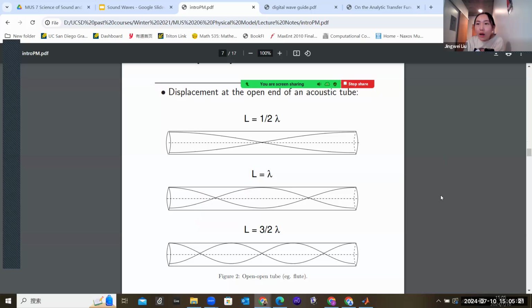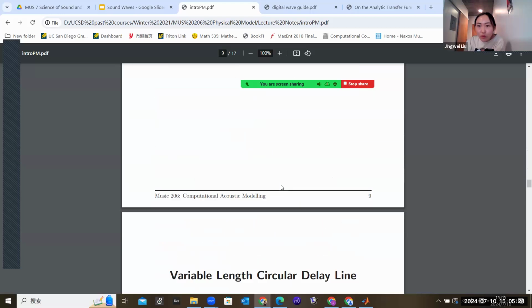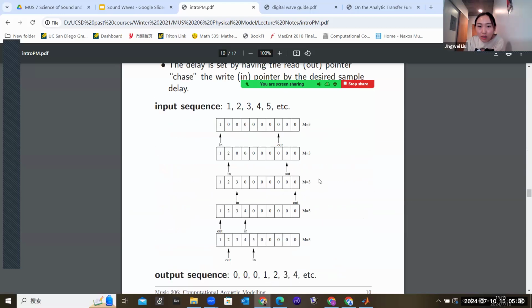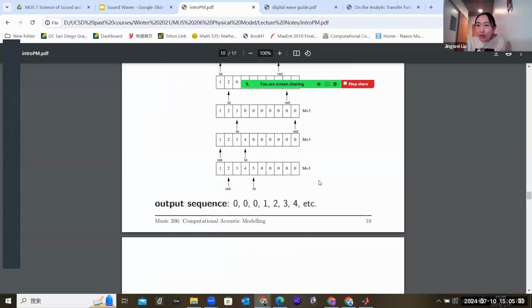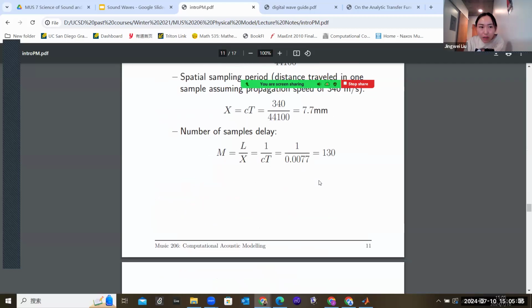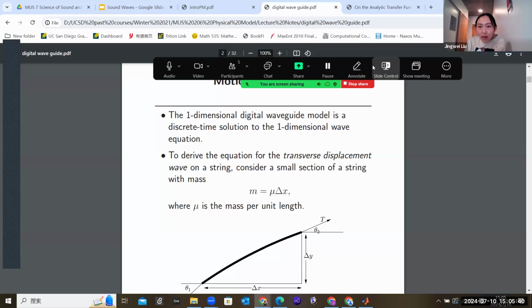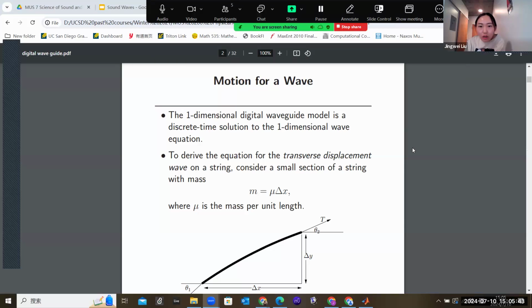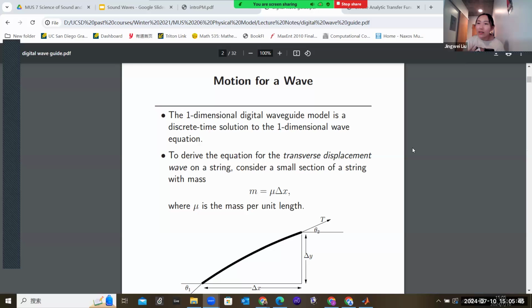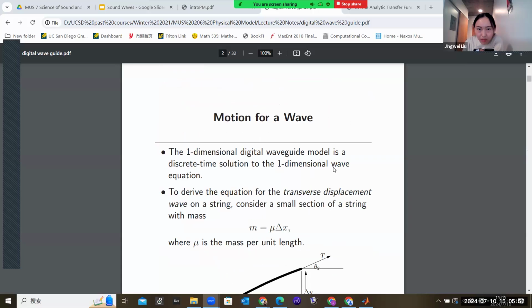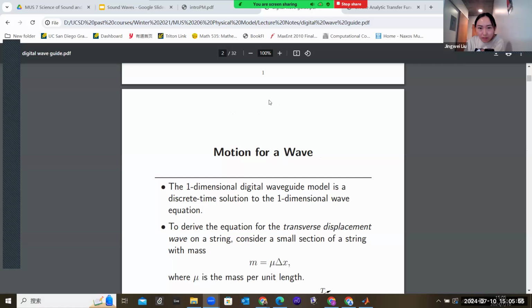But yeah, I will show you in our second part some examples of using the digital waveguide to simulate the sound of a human voice and the sound of the string and the piano. Okay, so before that, I think it might be helpful for me to go through something we just talked about again, and maybe deepen your understanding of those topics.